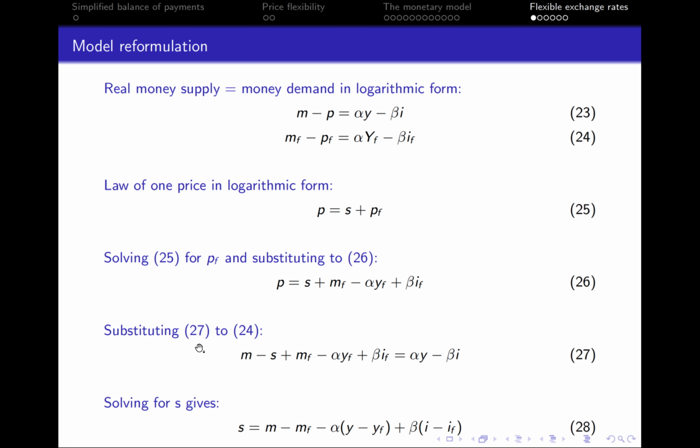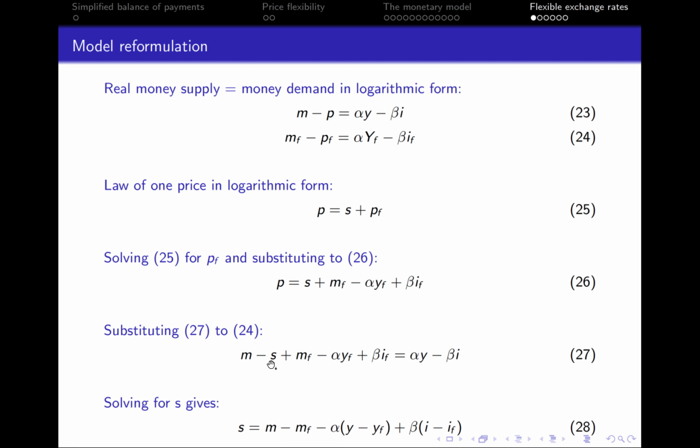And then if we're going to take 26 and substitute it into 23, I don't know where I got these numbers. Probably the indexes must have moved when I added more equations. We're gonna end up with equation 27.